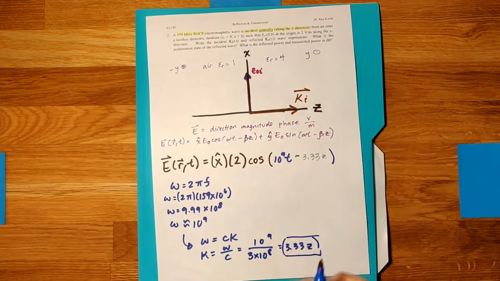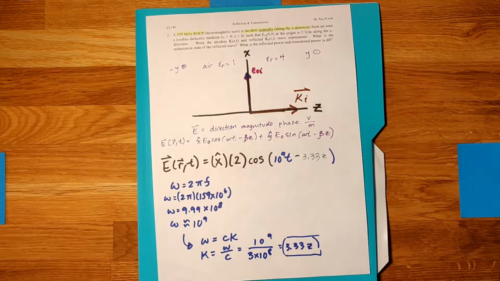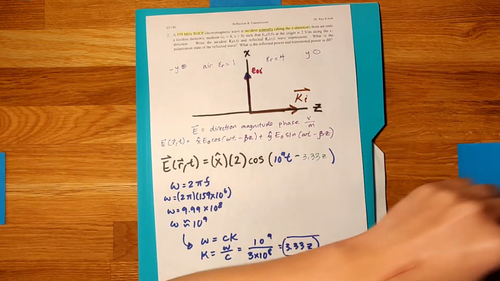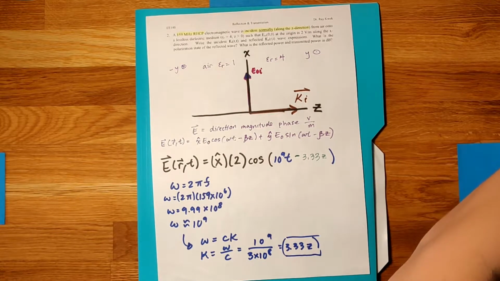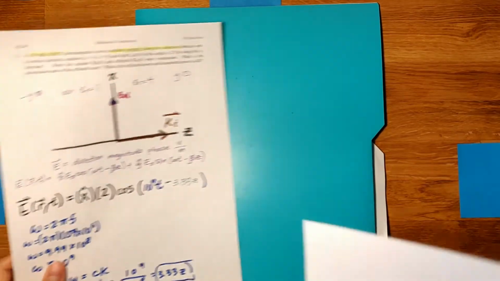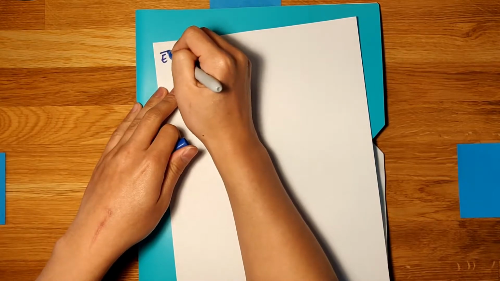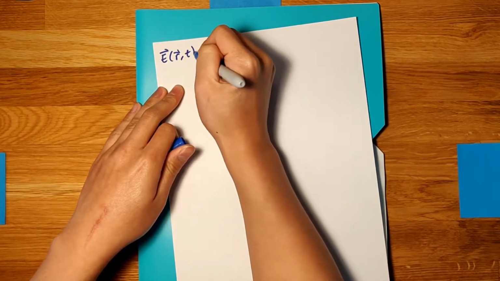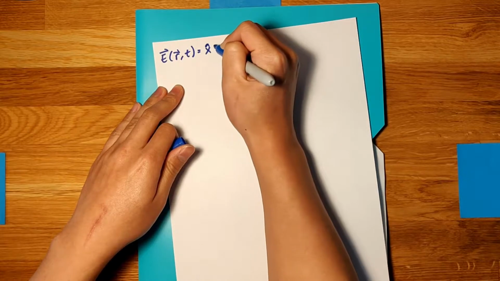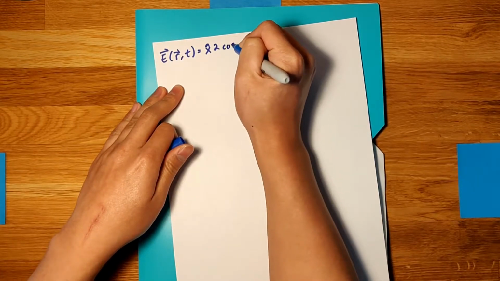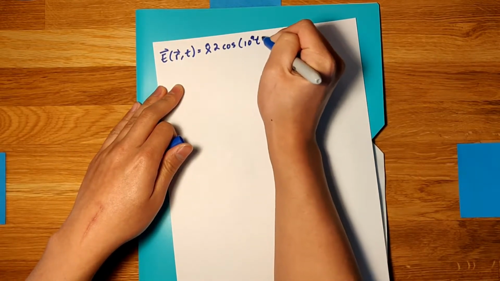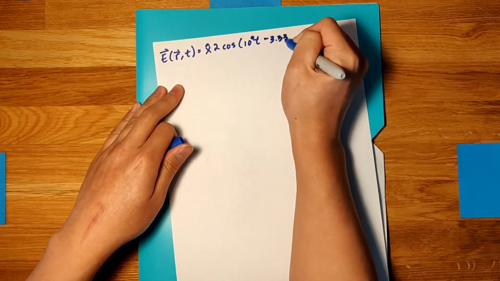So this is just our E1. Now for E2. Well, E2 can be solved in a similar fashion. So let me just get a new piece of paper. Since we know, we'll write it down first, E of r,t is simply equal to x hat 2 cosine of 10 to the 9 t minus 3.33 z.